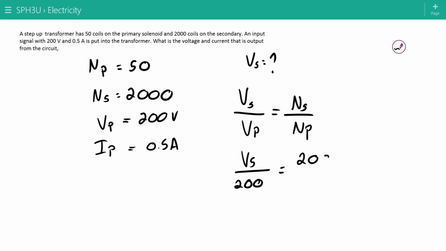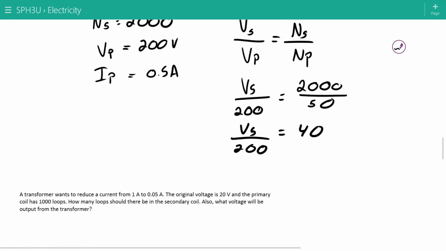Just putting in the values here. 2,000 divided by 50 is just 40. VS over 200, and then VS would work out to 40 times 200, which happens to be 8,000 volts.